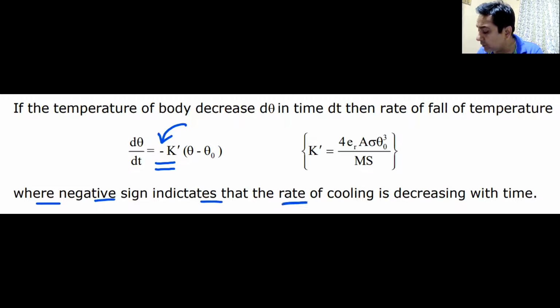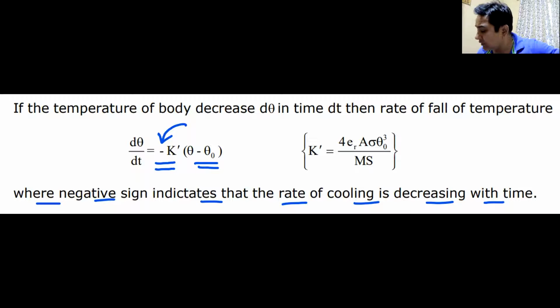Because as the body cools down, the rate of cooling is going to decrease, and that is why this negative sign is incorporated. So I've incorporated a negative sign and a constant multiplied by the excess of temperature. Do we understand this? Can I have some raised hands?